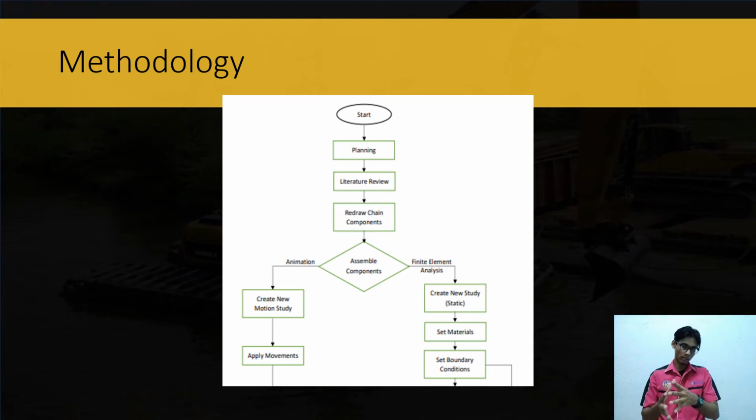So the components are the components of the track chain itself. With the drawings of the components, we assemble them together to form the actual system, or we can illustrate the actual system. So this research is divided into two main objectives, as I mentioned earlier. The first one is the simulation study, finite element analysis, and the second one is animation.